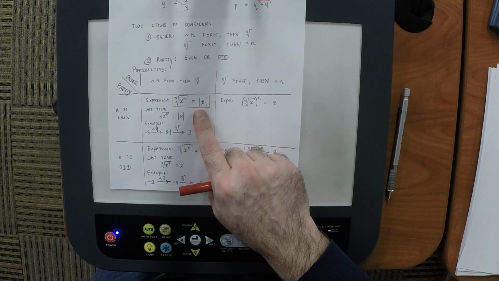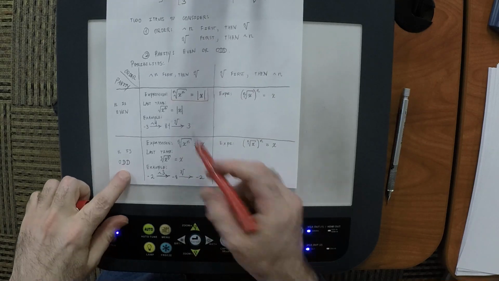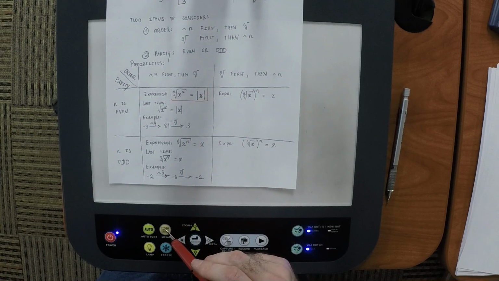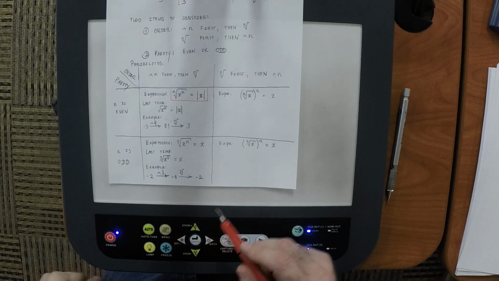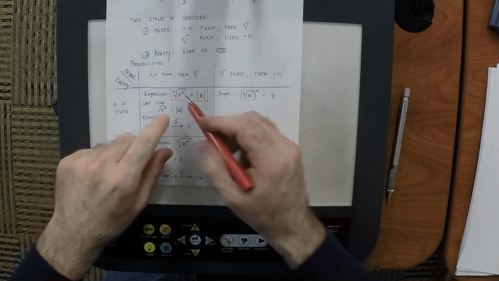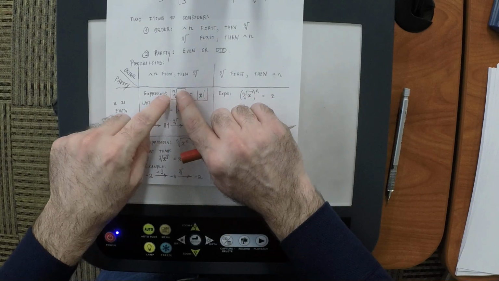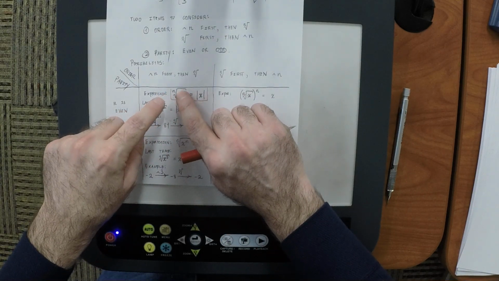Did I see a question somewhere? Did you have a question? Which one? Each expression. They're not the same, because see, this one, the radical is on the outside, right?